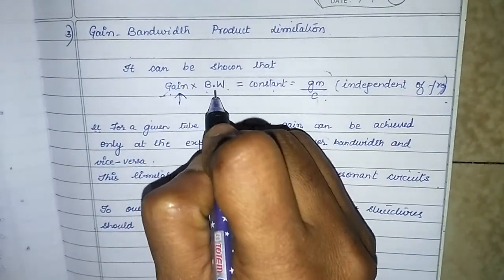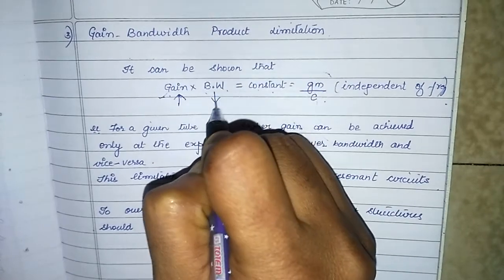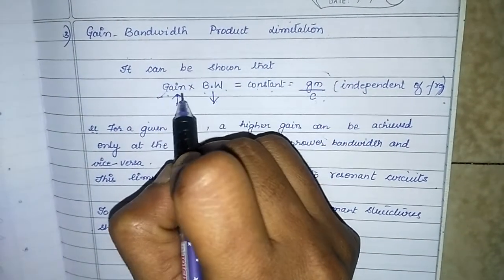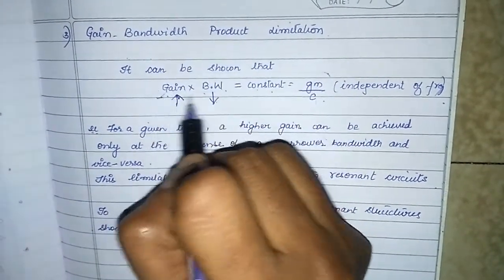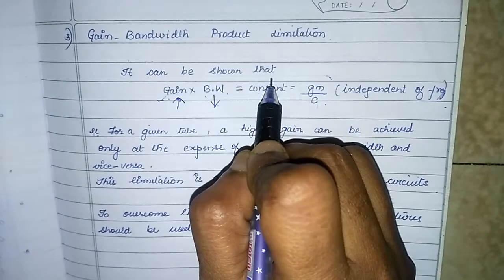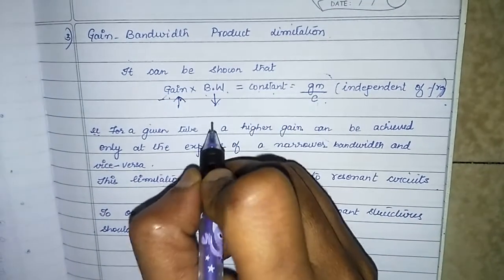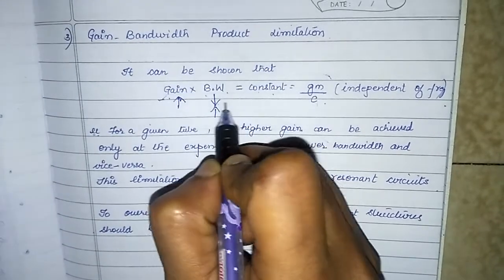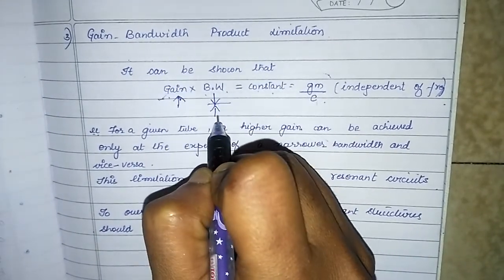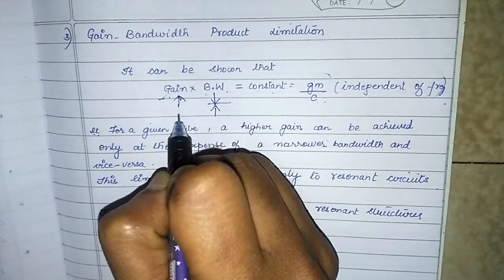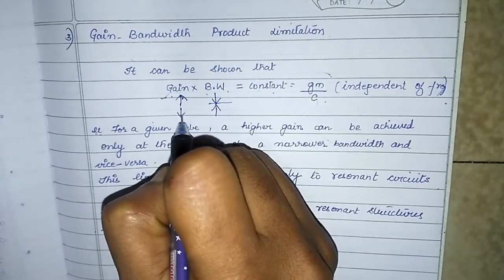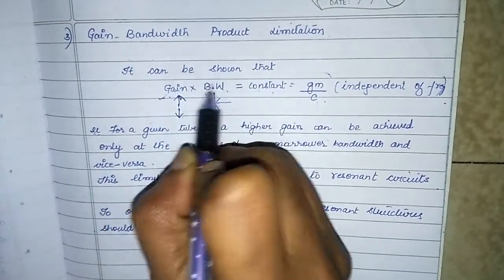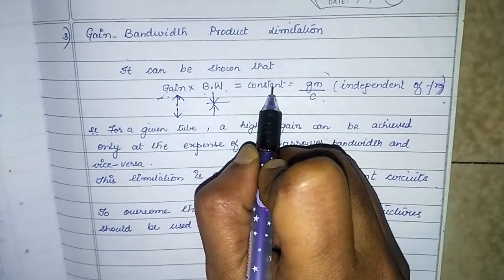So what should happen to bandwidth? The bandwidth has to reduce to compensate for this increase so that this product will remain a constant. Now if you want an amplifier which is going to have a large bandwidth, then the gain has to fall so that the gain into bandwidth product will remain a constant.